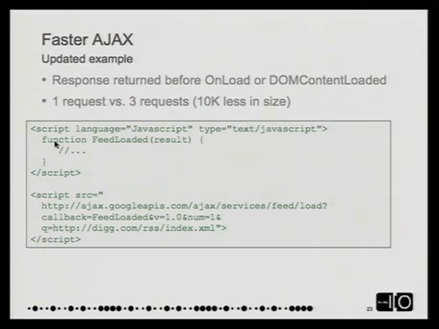One will save the global feedLoaded function in the scope. Next, it will evaluate the actual contents of the feed request while it's loading the whole page. What you see is the results of the API ready when the rest of your page is ready. Again, this is faster than onload or DOM content loaded. It also saves a couple of requests and about 10 kilobytes of download size, because you no longer have to use our JavaScript runtime.